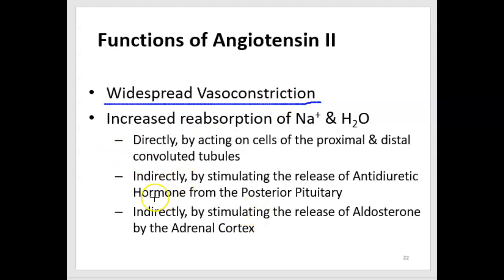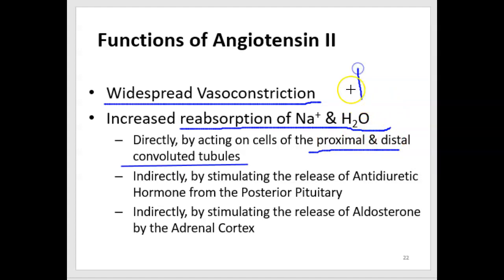But another thing that angiotensin does is it increases the nephron's reabsorption of sodium and water. It does so directly by acting on the convoluted tubules, making them more permeable to sodium and water so that there's more reabsorption. What is that going to do? It's going to raise blood pressure, which is the same thing vasoconstriction does.